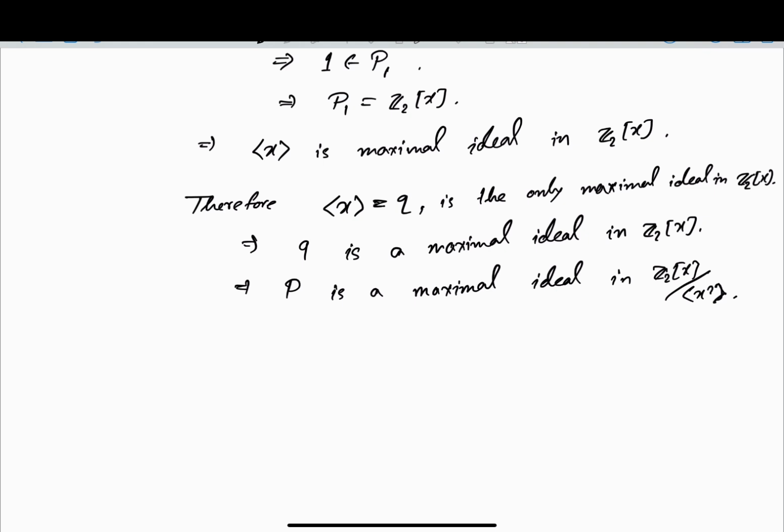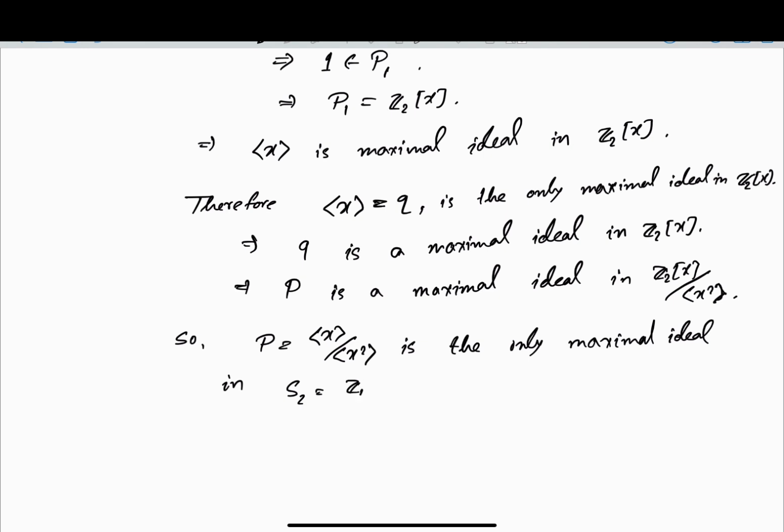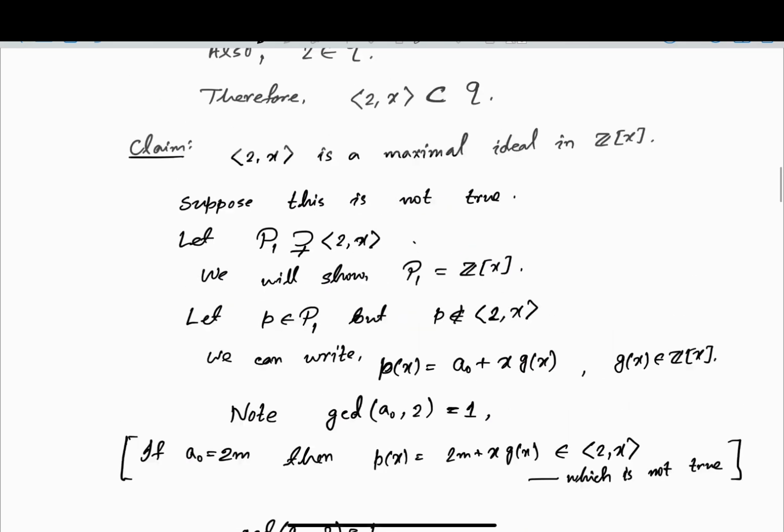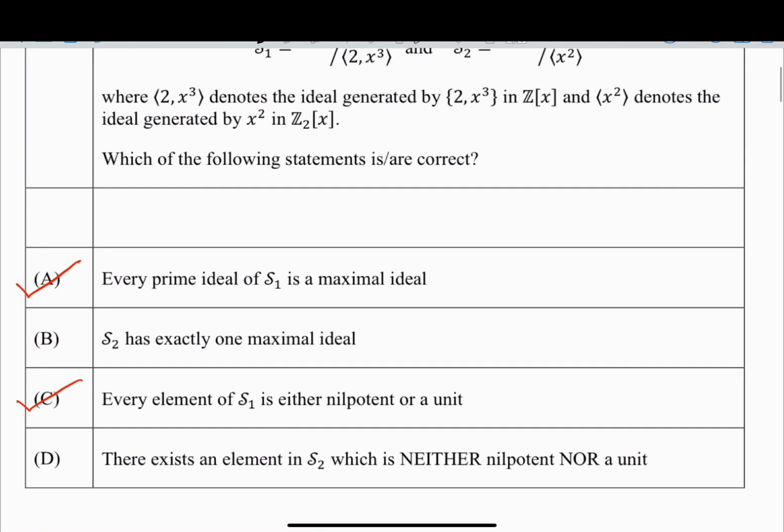So P, which is x mod x square, is the only maximal ideal in S2, which is Z2[x] mod x square, right? Okay, so option C is again correct. S2 has exactly one maximal ideal.